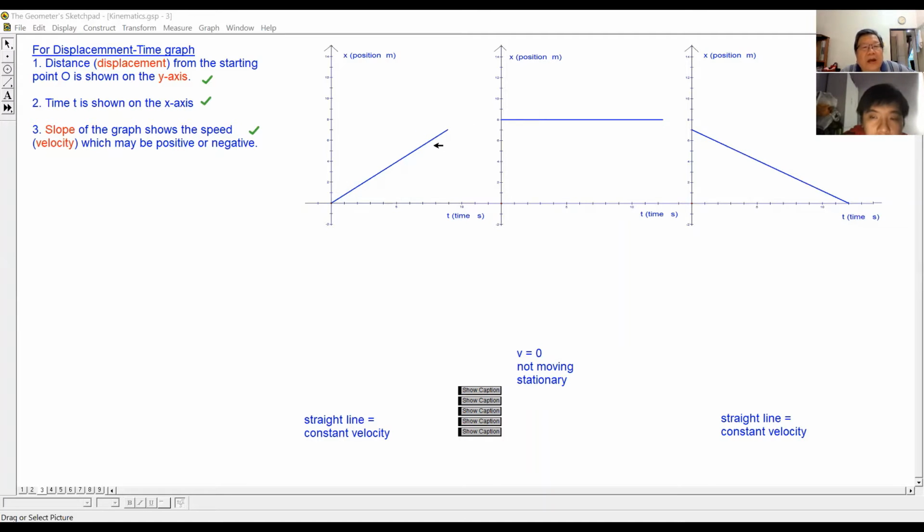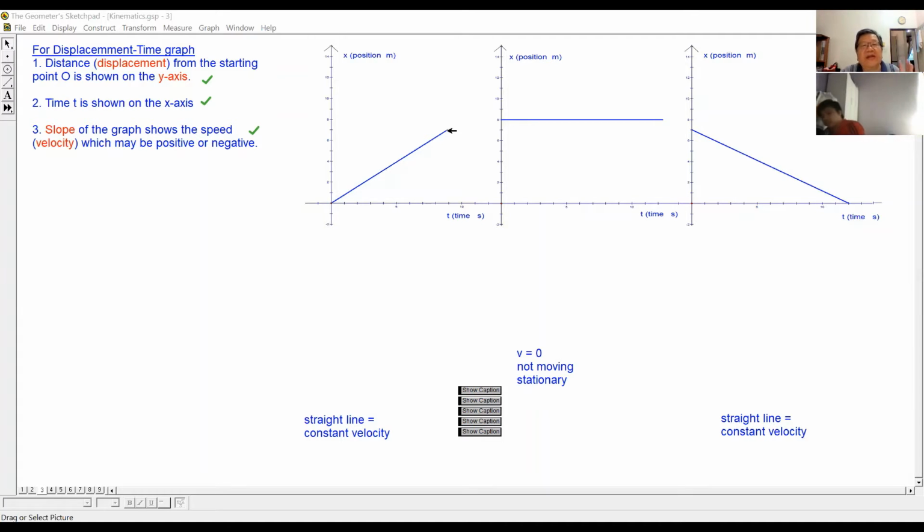So let's say I look at this point here, (0, 0). (0, 0) means when the time is 0, the position is 0. Then you look at the ending here, the last point on the graph. Actually, it is (9, 7). It means that after 9 seconds, the position is 7 meters.